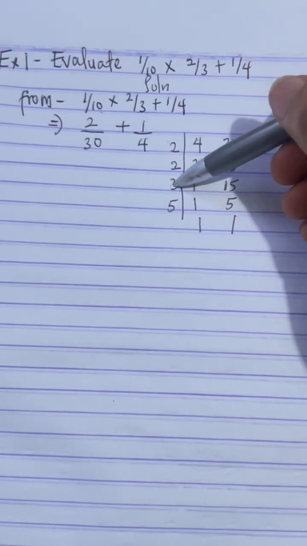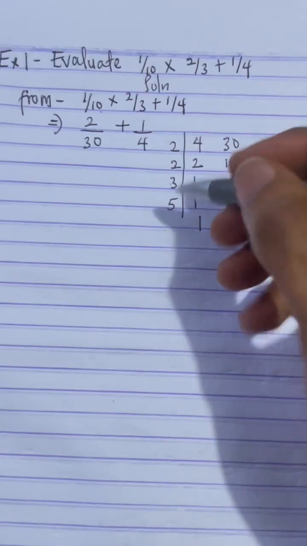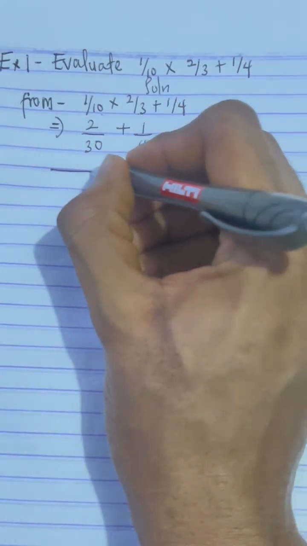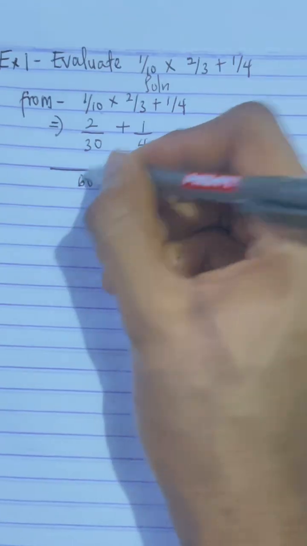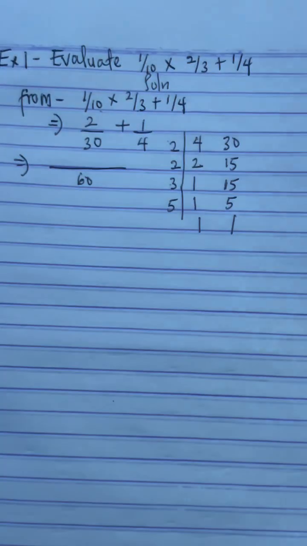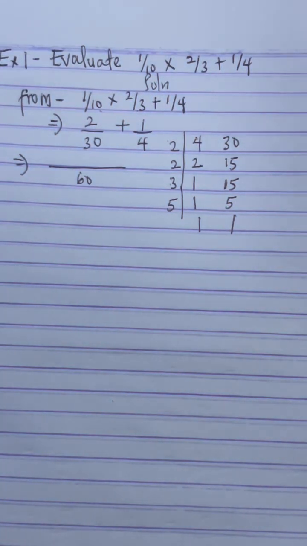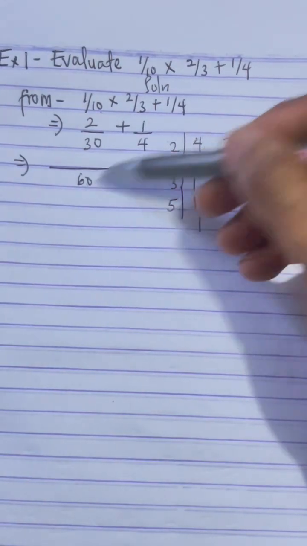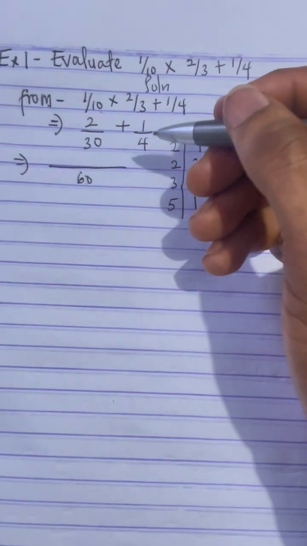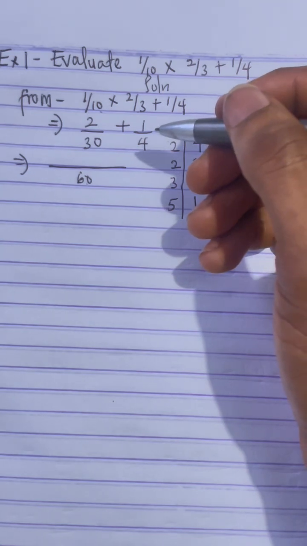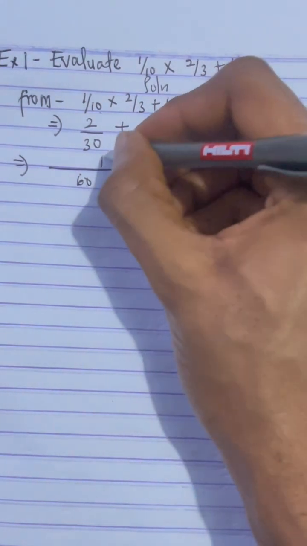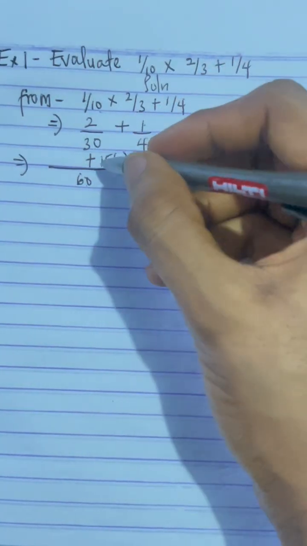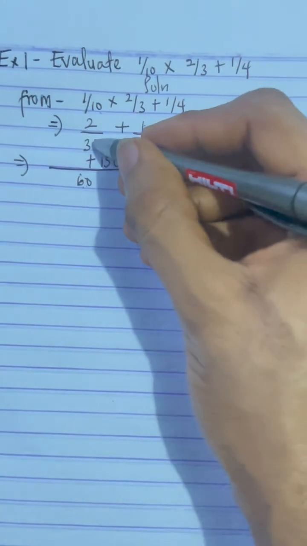12 times 5, that is 60. So the LCM is 60. Now we do 60 divided by 4, that is 15. So 15 multiplied by 1, which is the numerator we have here, plus 60 divided by 30, that is 2.